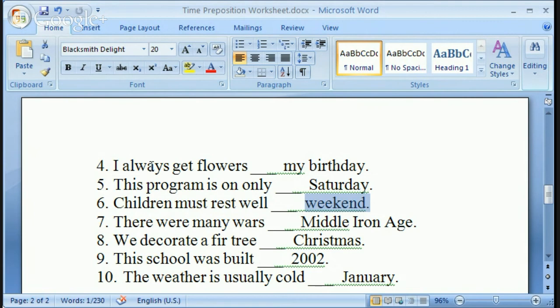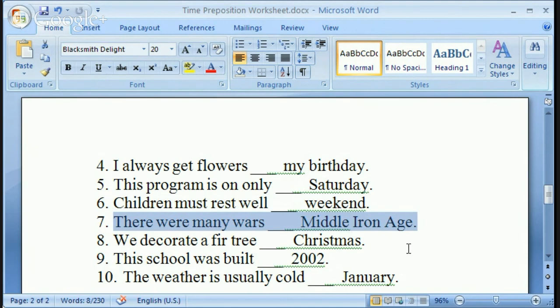So, multiple possible answers there, but the chief thing to remember with weekends, British it's at, Americans it's on. Pesky Britons. Well, or pesky Americans, I don't know. Depends on how you want to look at it. Andre, number 7.